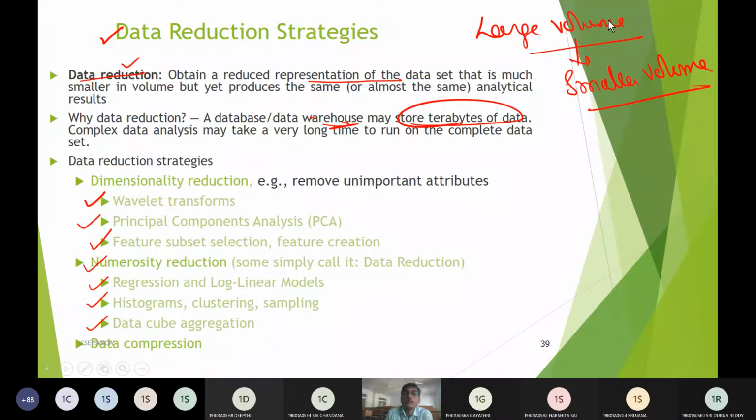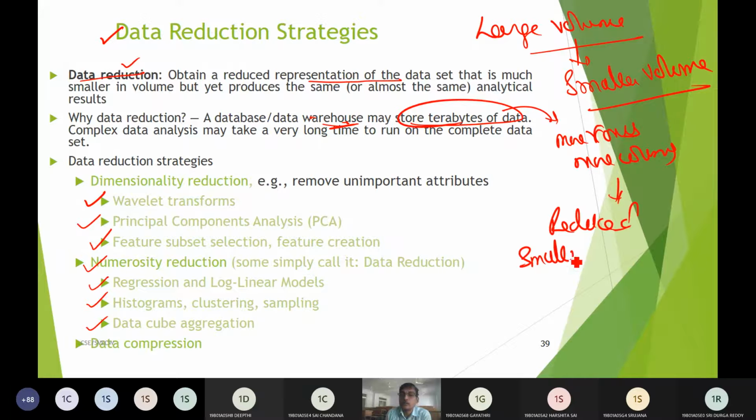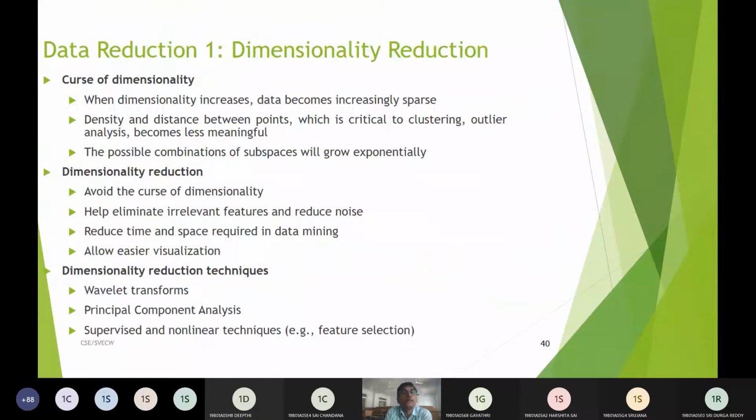That is the reason why we have large volumes of data stored, terabytes of data. So we have more rows and more columns. Now these need to be reduced to smaller data with fewer rows and columns. This is what we call a data reduction strategy.